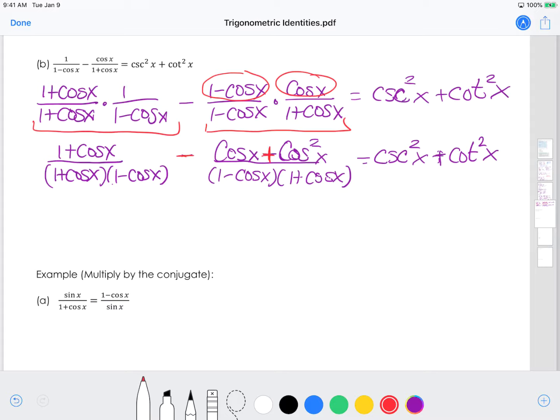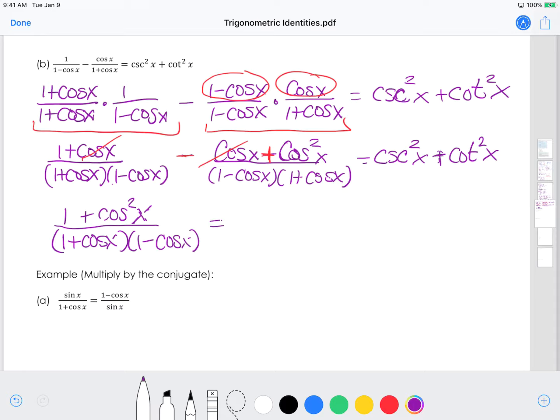That makes this a plus. So I have 1, then cosine x minus cosine x. These are going to disappear. And then I'm left with plus cosine squared x. And this is all over 1 plus cosine x times 1 minus cosine x.